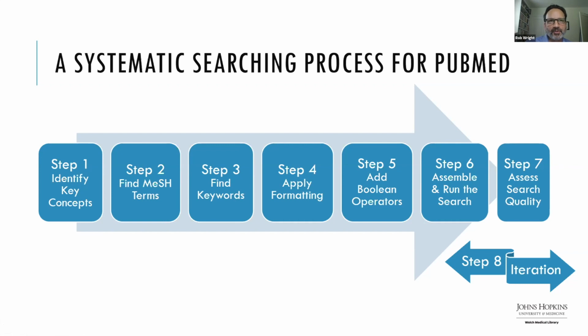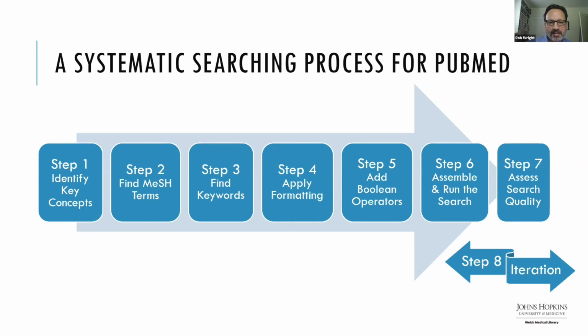Follows that with actually generating terms from controlled vocabulary. In the case of PubMed, the MeSH database is used to generate MeSH terms. And also an important step is finding keywords or natural language terms, also known as text words, to supplement those MeSH terms.